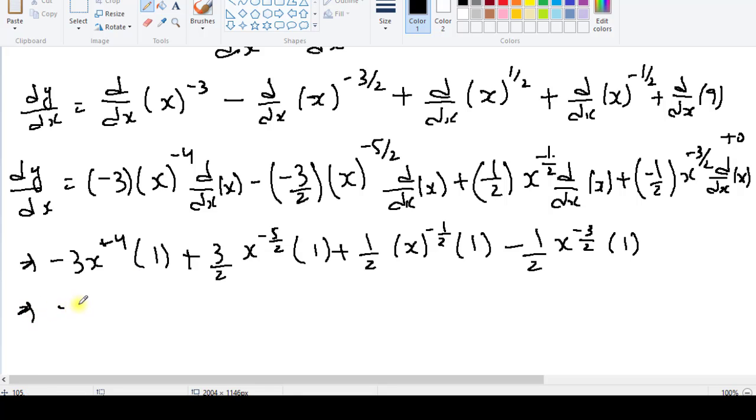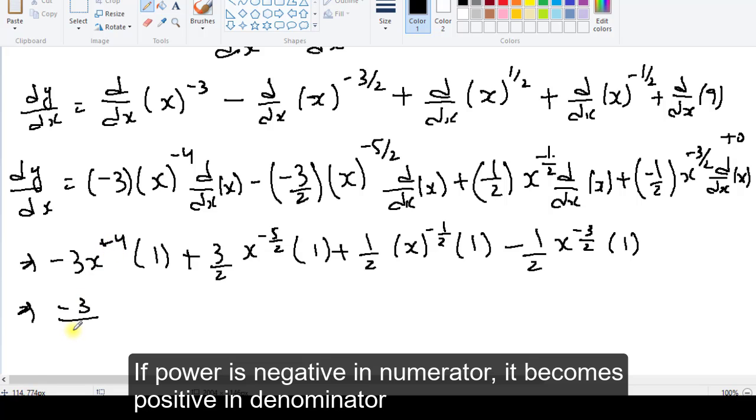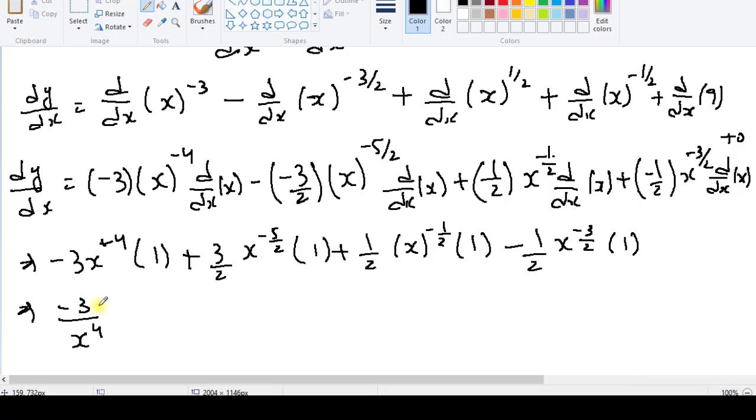I can also write it here as minus 3. If the power is negative in the numerator, it becomes positive in the denominator, so that's why I am writing it here, and the power becomes plus 4 because I have brought it to the denominator, okay, and then multiplying it, it becomes this term. After that, minus 3 by 2 x power 5 by 2, same as I did here, and then 1 by 2 x power 1 by 2, clear.